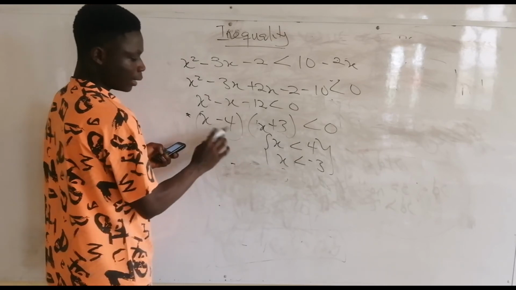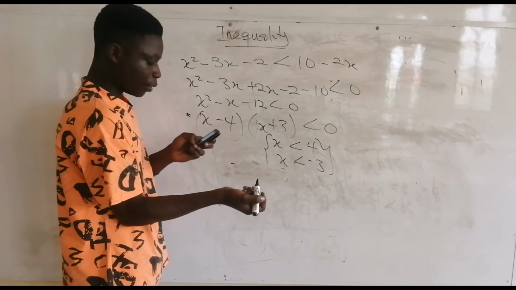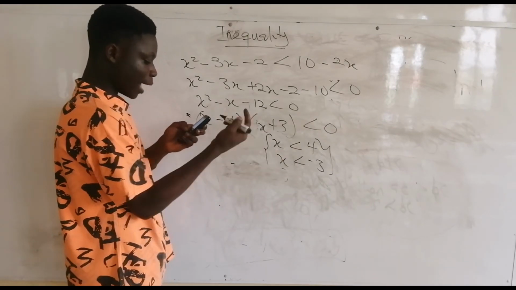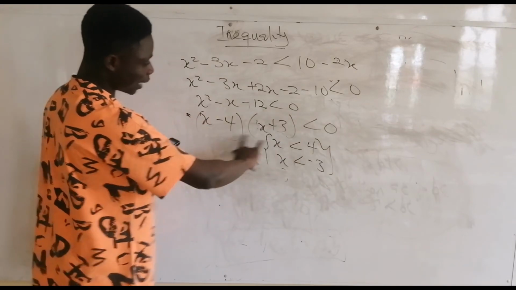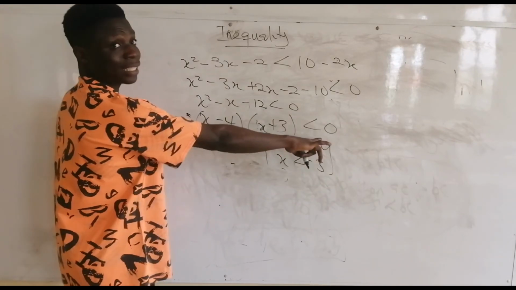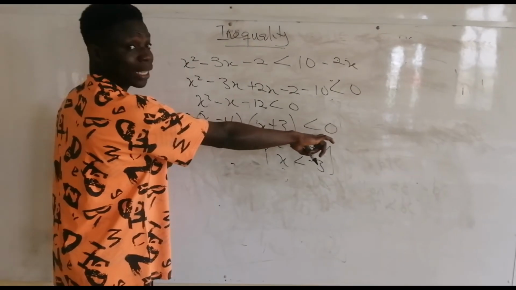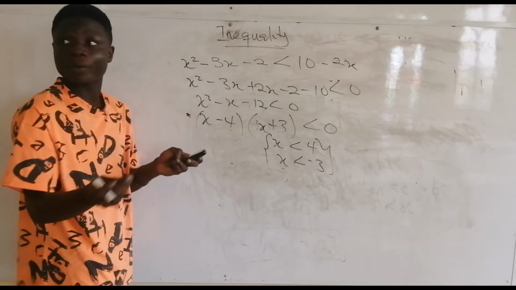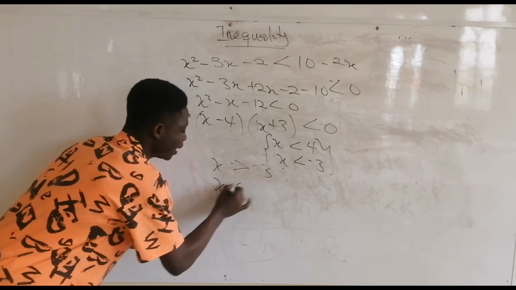When you put 4 inside, it's going to make this one 0, and 0 is not less than 0. It's not possible, right? So you're going to take another one. When you put 3 inside, it will be 3 minus that, which will be a negative number, which is less than 0. So the interval that we found was x should be greater than -3 and x should be less than 4.